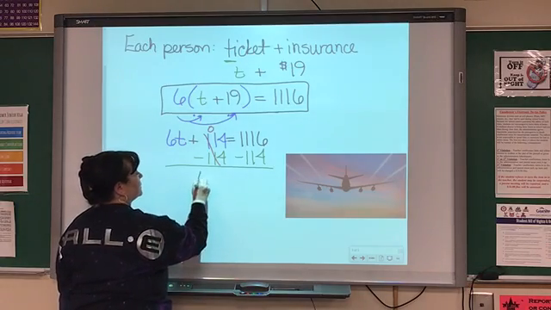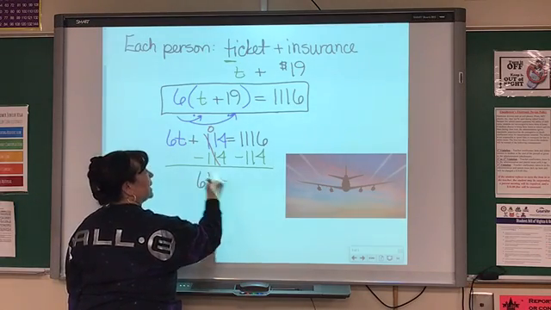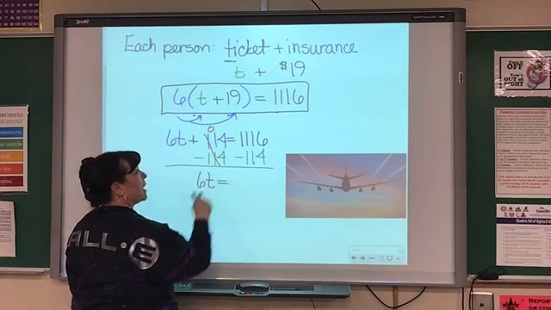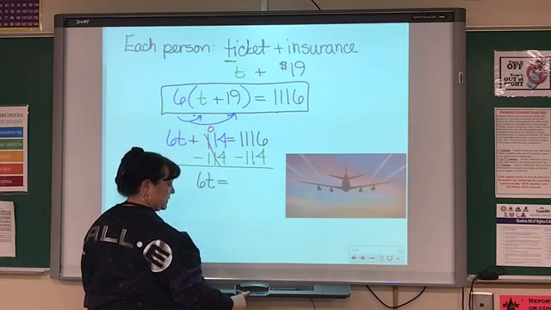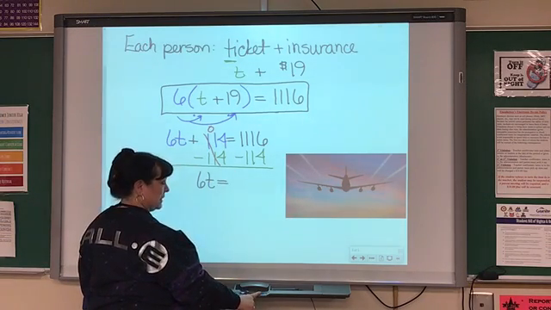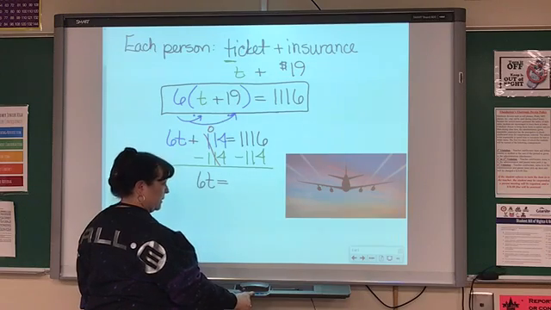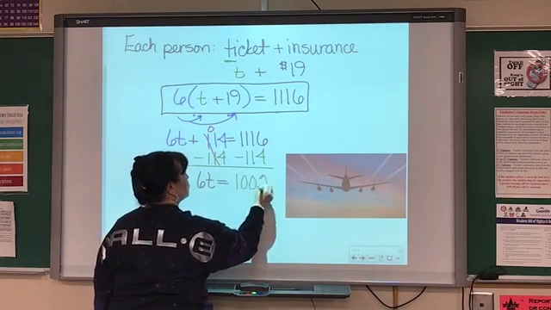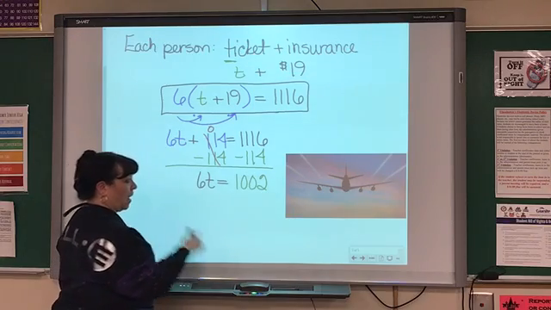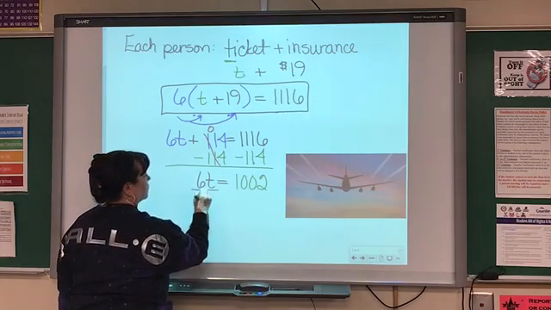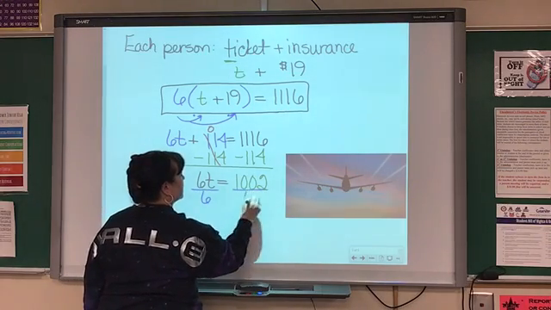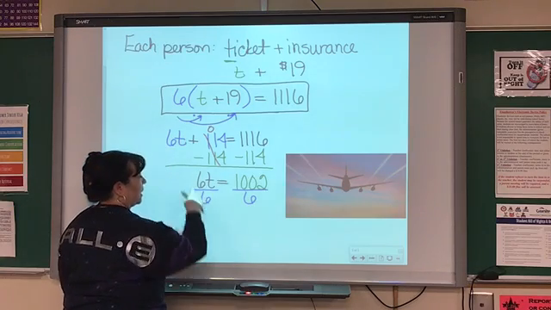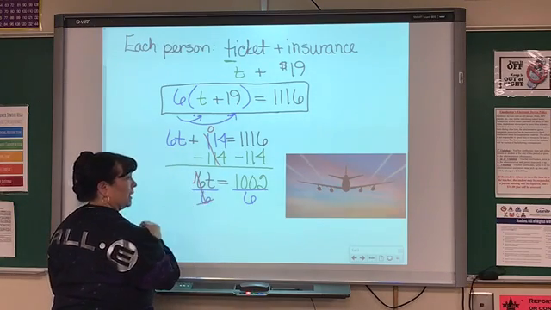I will have 6t, add 0 is 6t, and I'm going to find the difference of 1,116 and 114, which ends up being 1,002. I'm going to divide both sides by 6. I'm going to have 1.